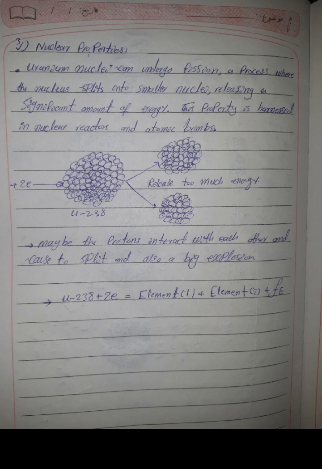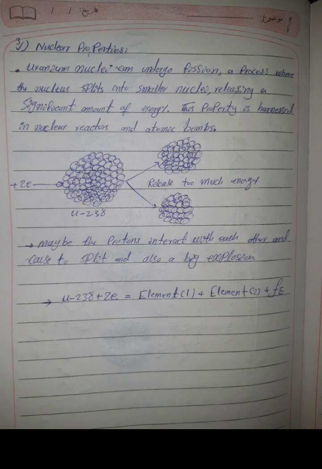So now I want to go and directly talk about how the nuclear bomb works. So first, let me tell you like this: whenever two protons collide into each other, we know that two positive charges repel each other, two negative charges also repel each other, but one positive and one negative attract each other, right?